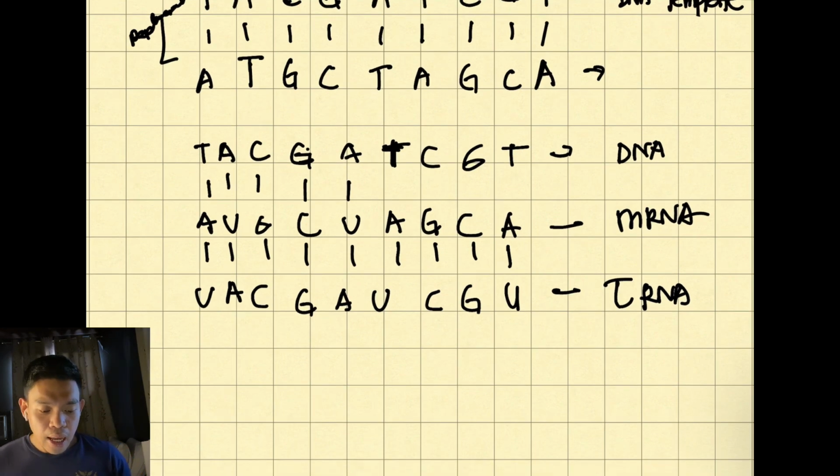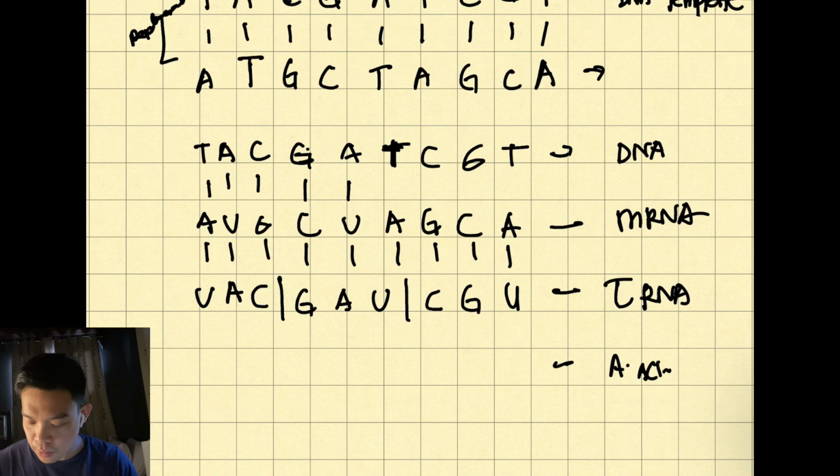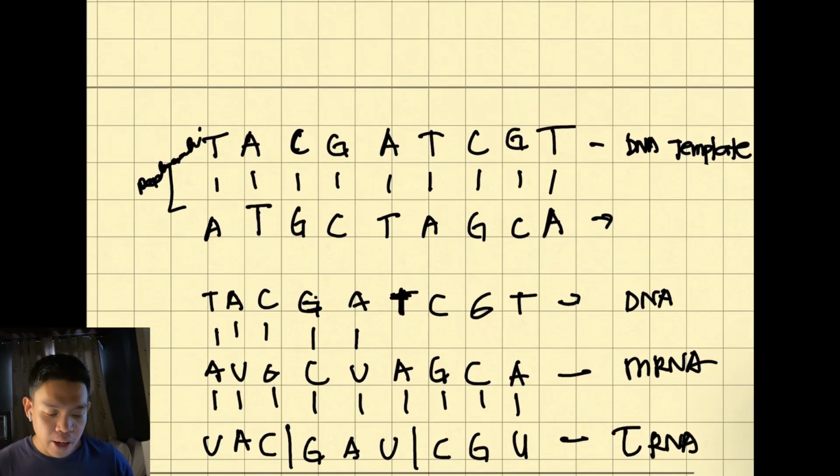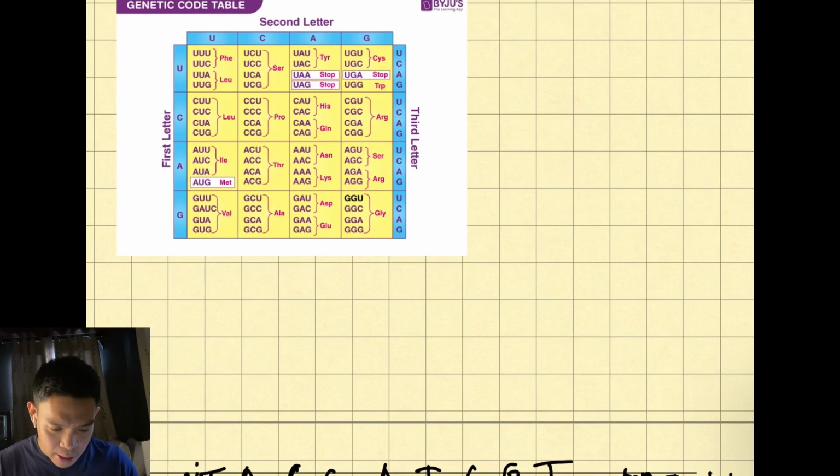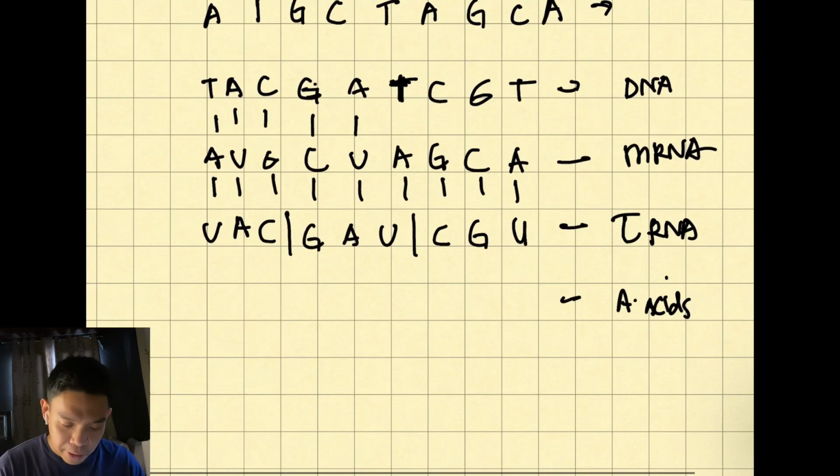Okay? Then after that, this concept of forming into three will form what we call amino acids, by looking at the amino acid protein chart. So we have UAC. What is UAC? UAC is tyrosine.